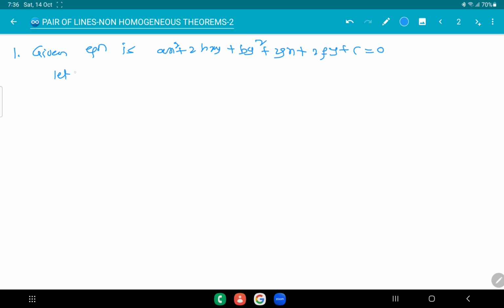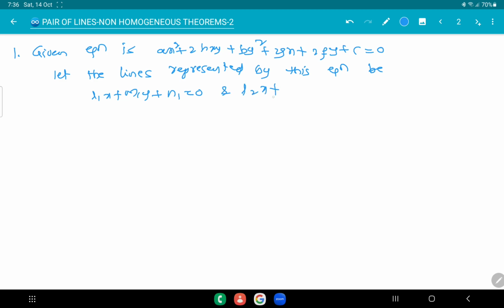Let the lines represented by this equation be L1x plus M1y plus N1 is equal to 0 and L2x plus M2y plus N2 is equal to 0.